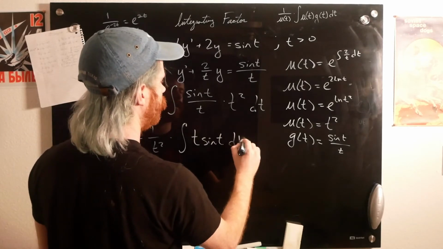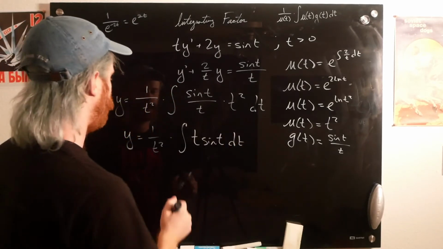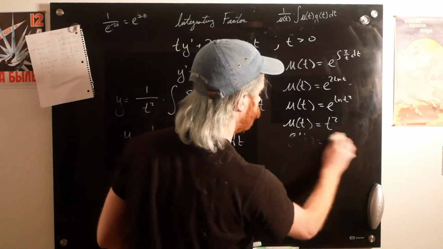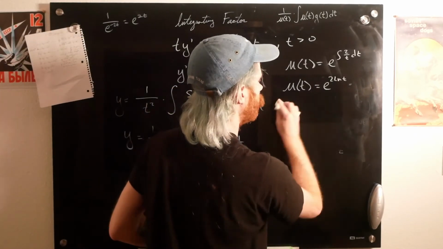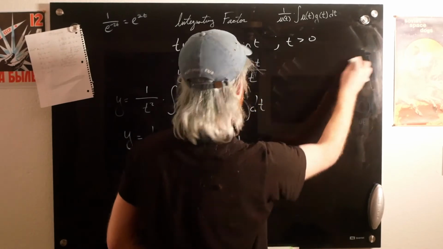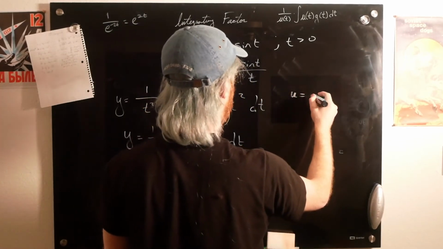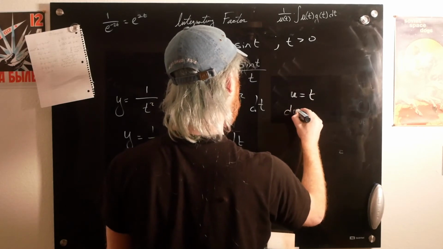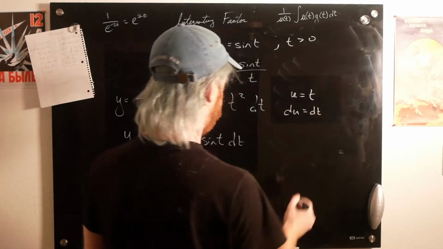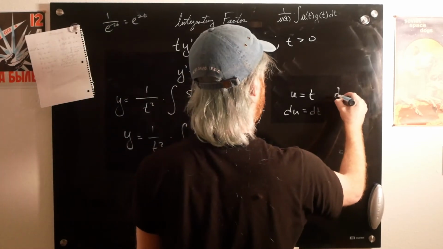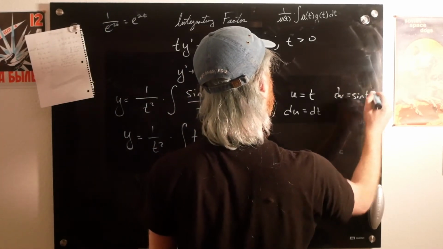Okay, so now we can use parts. And we set u equal to t because we want the descending power. We want the powers to go down so we can get rid of it, right? We set dv equal to sine of t.